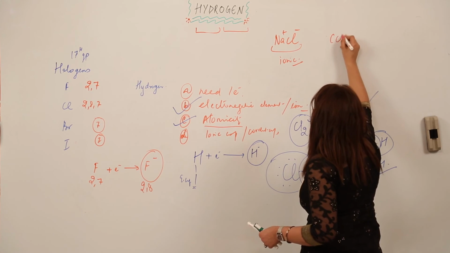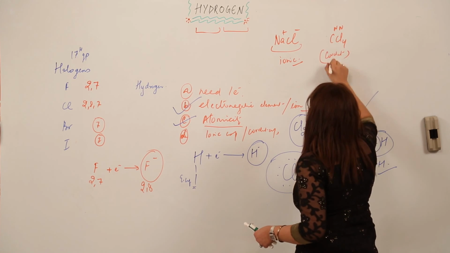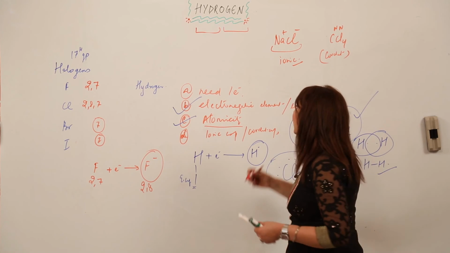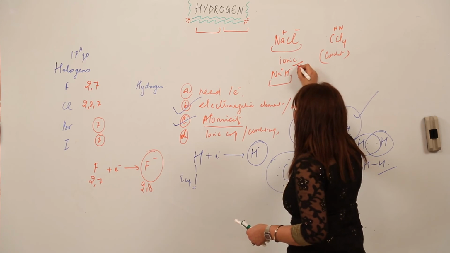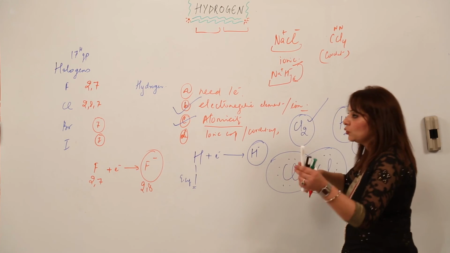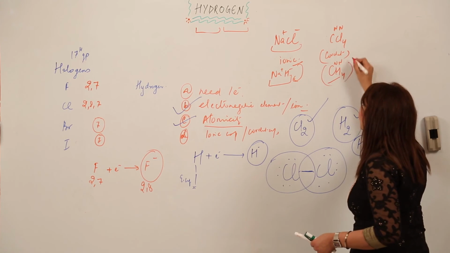Similarly we have CCl4, a non-metal compound, that means a covalent compound. Similarly we have NaH, sodium hydride, again an ionic compound, and we have hydrogen as CH4, non-metal, again a covalent compound.